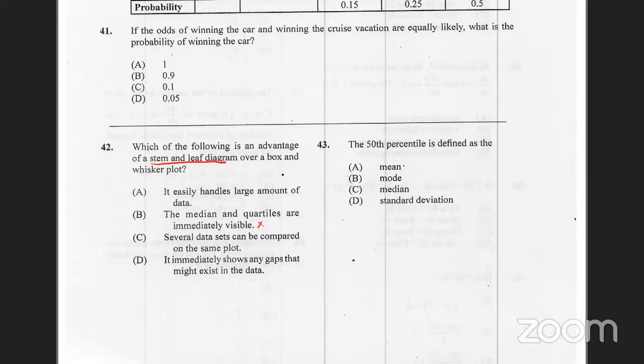It immediately shows any gaps that may exist in the data. So the best answer here, the only one that can really show missing data and gaps in the data, is stem and leaf. All right, so we have to go with dog with this one.